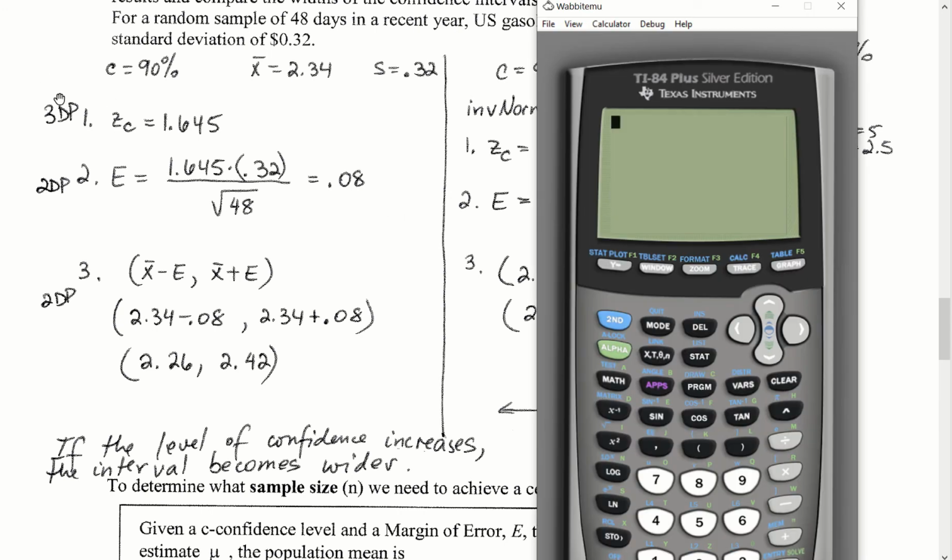If you were to sketch out your bell-shaped curve, we know that 90% would be in between those two Z critical values, which means that 10% would lie on the outside, and then half of the 10% would be 0.05. So to find the Z critical value, we're going to do an inverse norm.